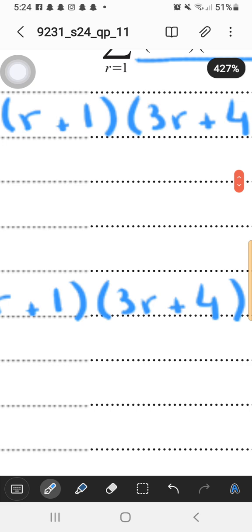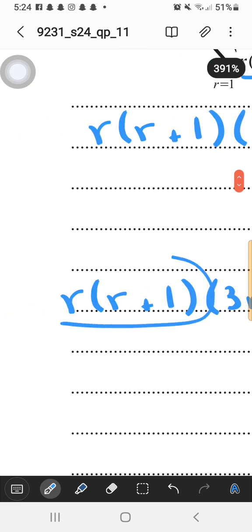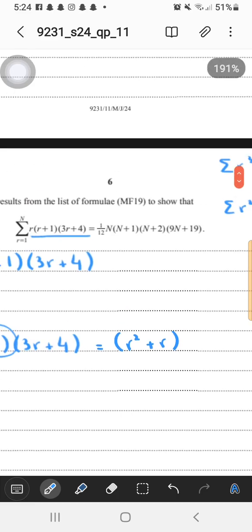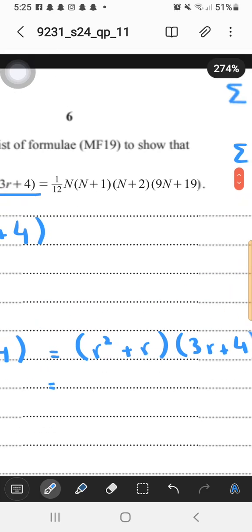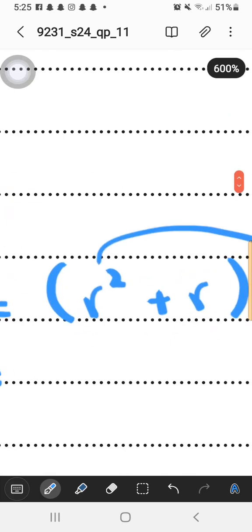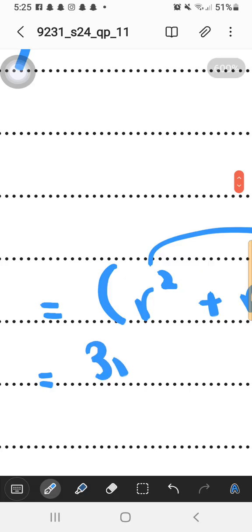If we expand, this becomes (r square + r) multiplied by (3r + 4). Now multiply these two brackets. r square multiplied by 3r becomes 3r cubed.